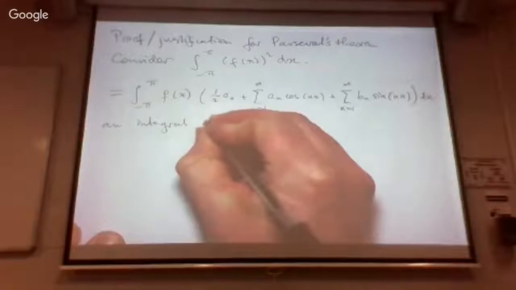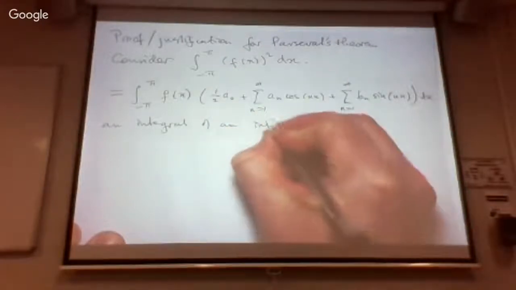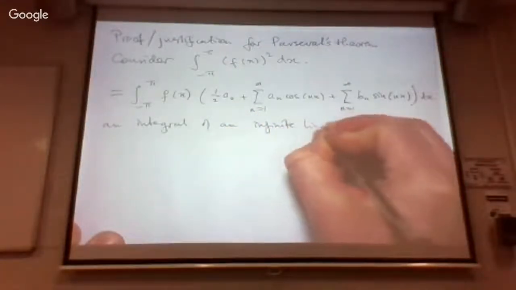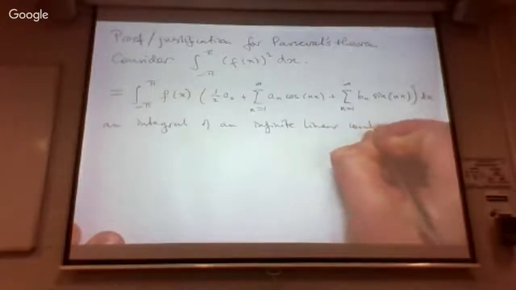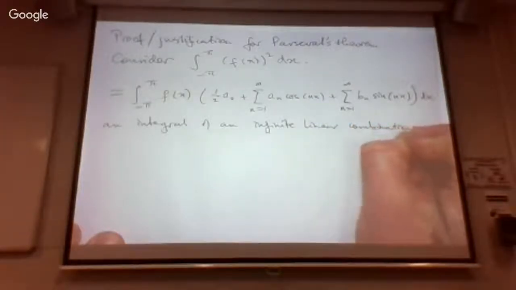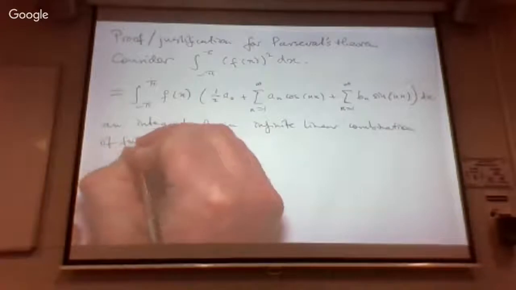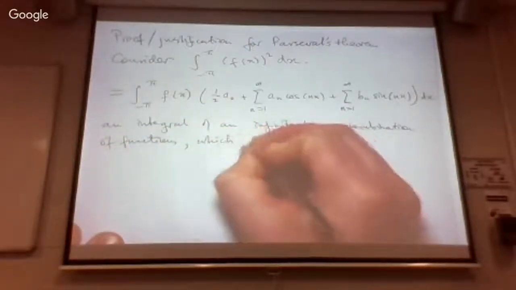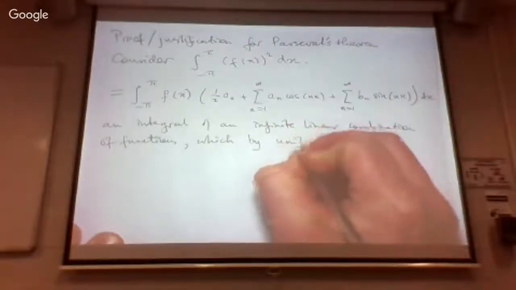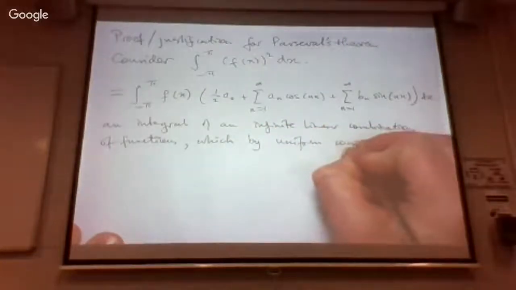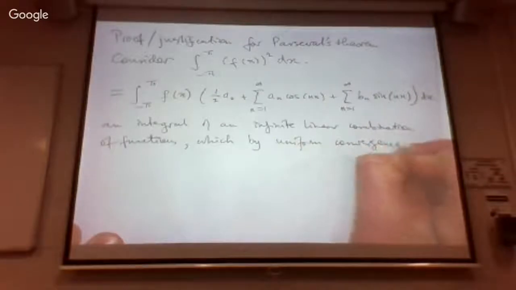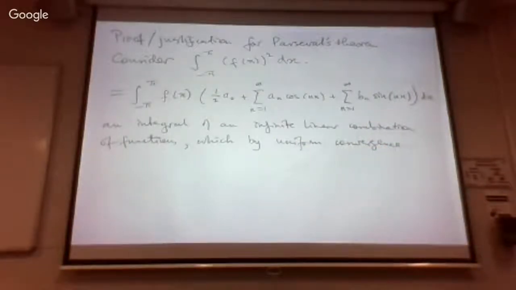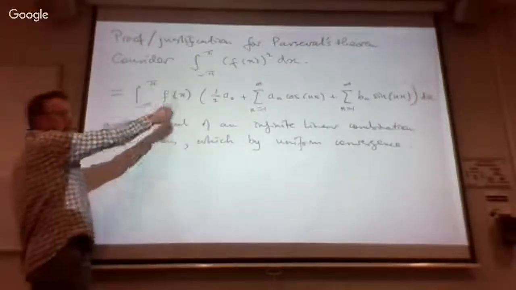So this is an integral of an infinite linear combination of functions. Which by the uniform convergence is going to allow us to integrate it term by term, to apply the linearity property, basically, of integration.